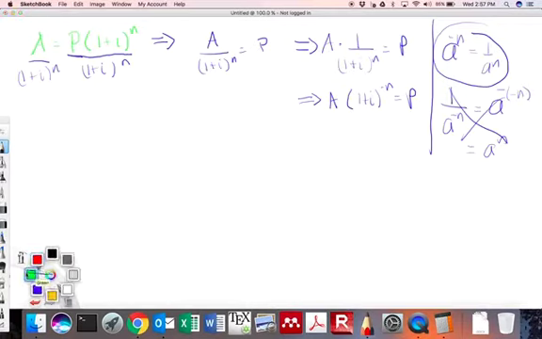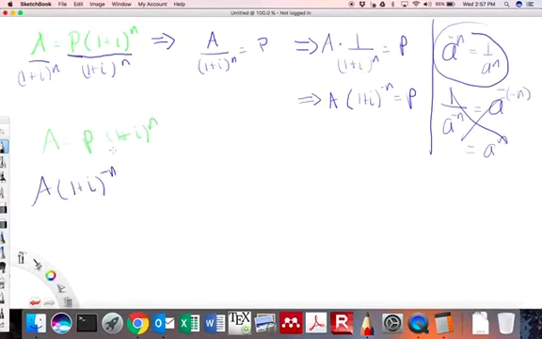Now, if you don't believe me, here's another way to see it. We can multiply both sides of this equation, A equals P times 1 plus i to the n, by 1 plus i to the negative n.